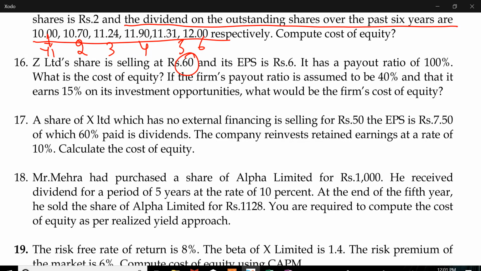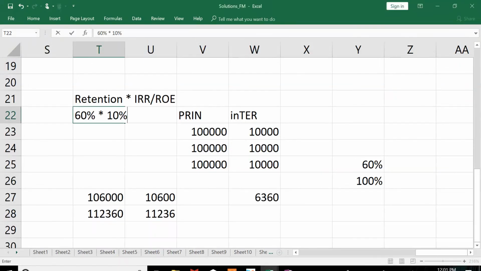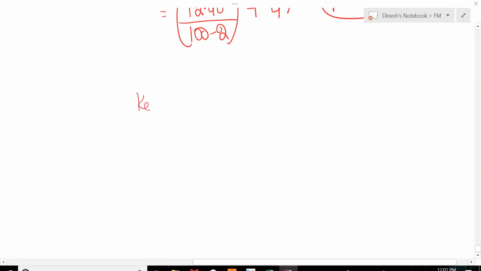Full stop. This would mean that the growth rate is 0%. Now write KE equal to D1 by P naught minus F.